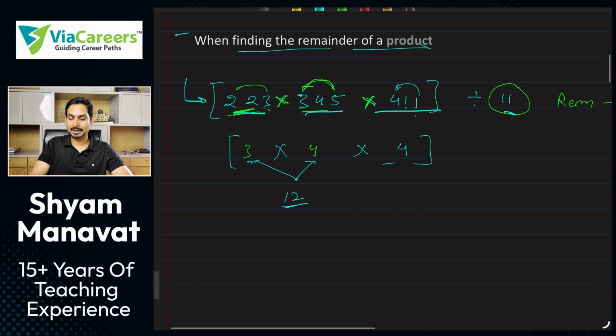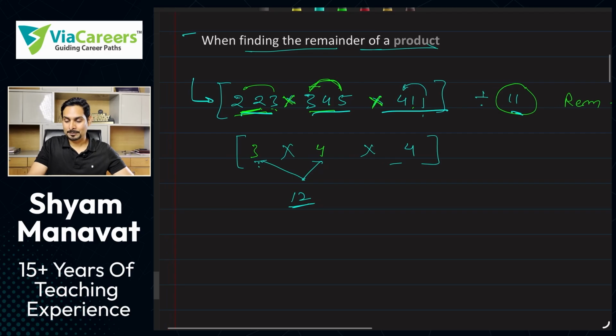Similarly, here when you get 3 4s are 12, 12 is a number which is more than 11, so you further divide it by 11. Did you get it? This is how we are using smart work, yeah? So here again, the remainder is 1, and then this multiplied by 4, we get the final remainder to be 4.